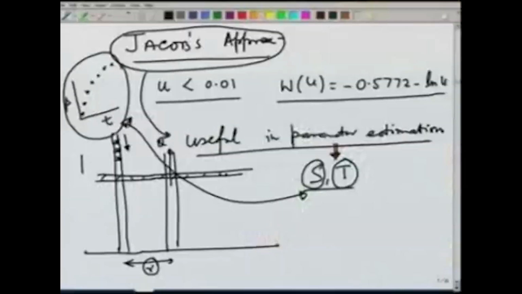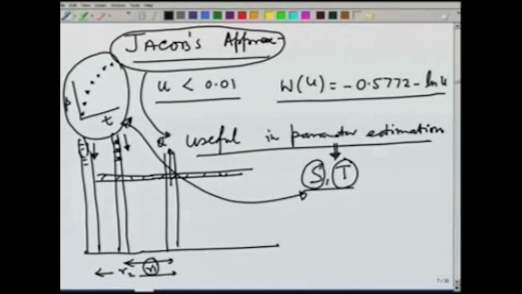So, we may have another piezometer and you can measure the water level in this with time, maybe some distance r2 and r1. So, if you have two different wells, we can use that data to estimate the value of S and T using both of the wells.